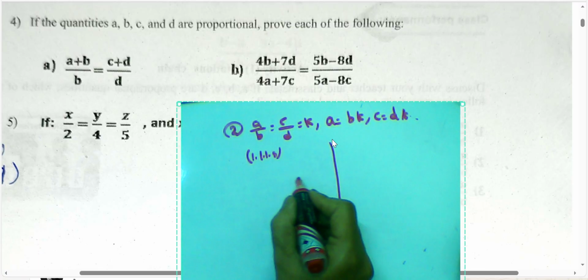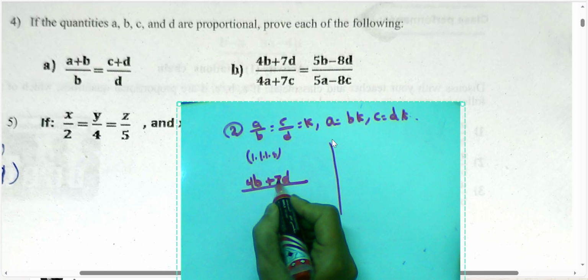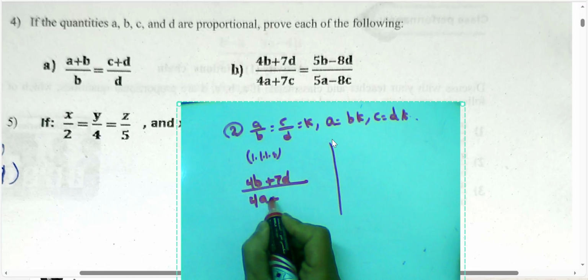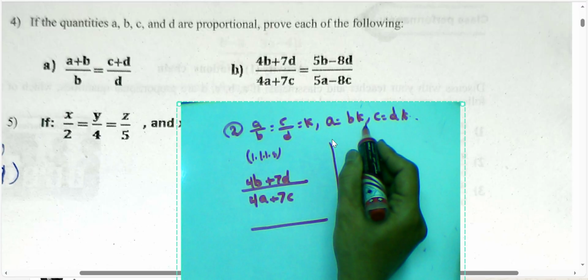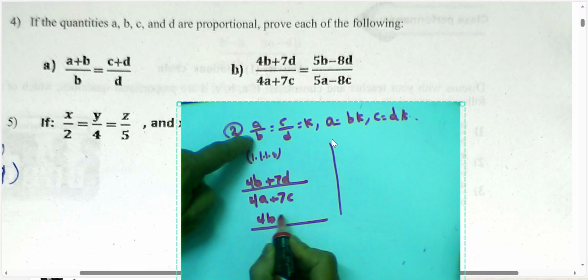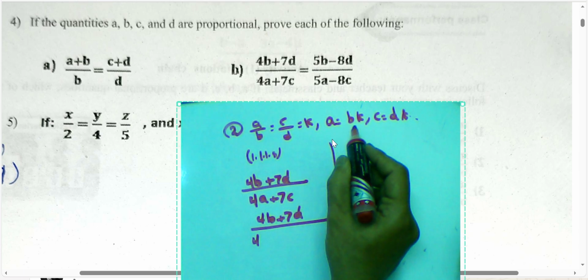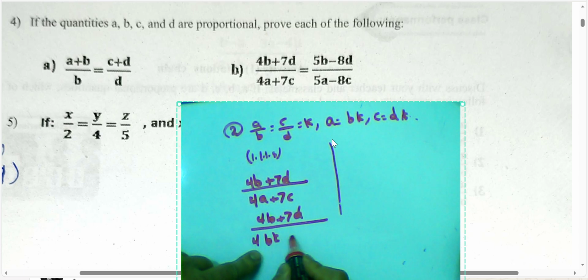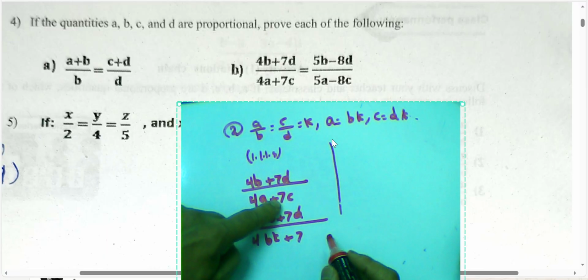Left hand side we have 4B plus 7D over 4A plus 7C. 4 times B plus 7 times D over 4 times A. A was BK, 4BK, and 7 product by C. C was DK.